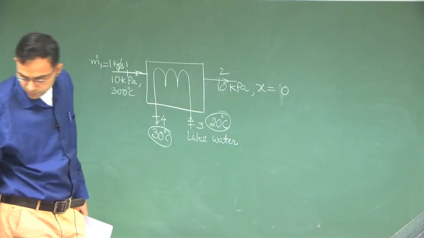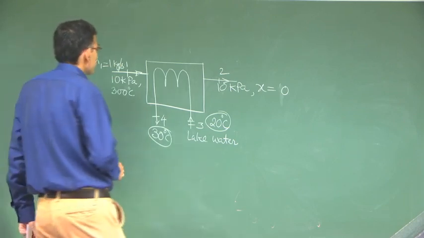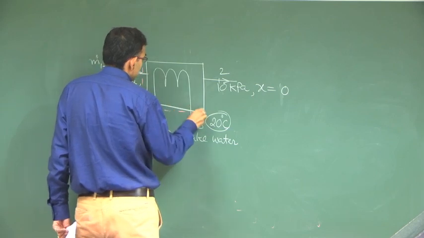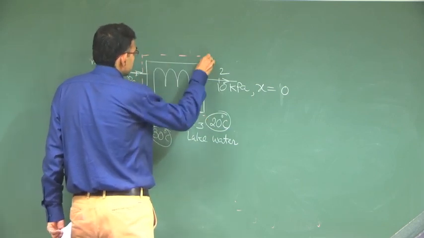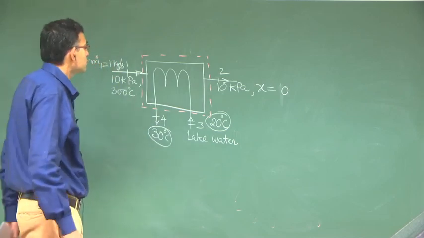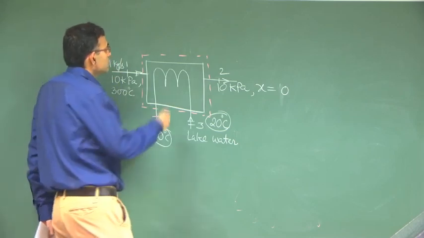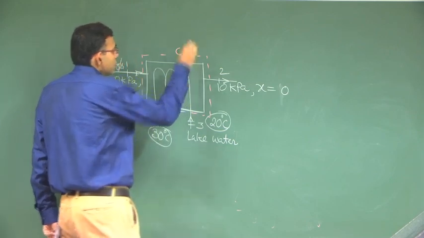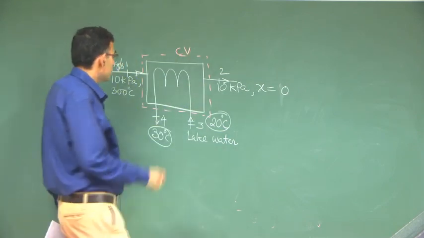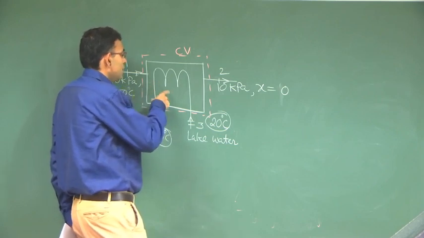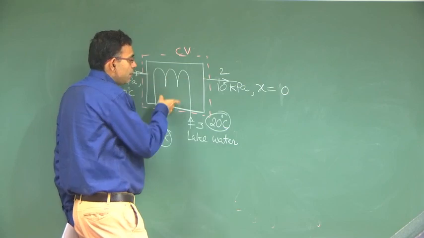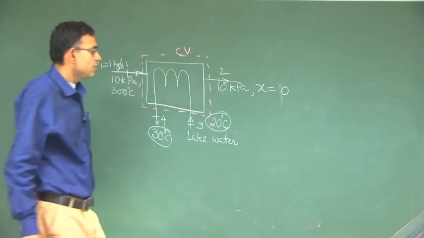The control volume is the condenser, which includes the heat exchange path between the steam and the lake water.